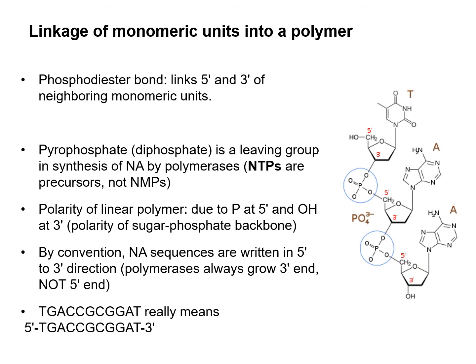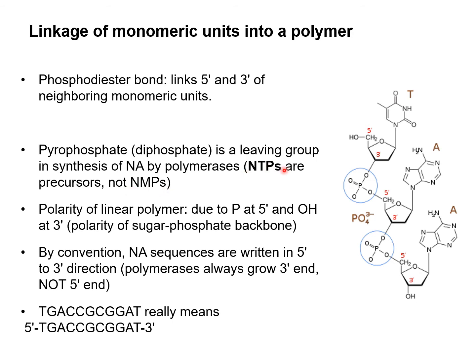So how do monomer units such as nucleotides form a polymer, the nucleic acids? The nucleotides are linked by a phosphodiester bond, which links the 5' and 3' of neighboring monomer units. And pyrophosphate, also called diphosphate, which is basically two phosphate groups attached to each other, is a leaving group in the synthesis of nucleic acid by polymerases, meaning that NTPs are the precursors, not the NMPs.